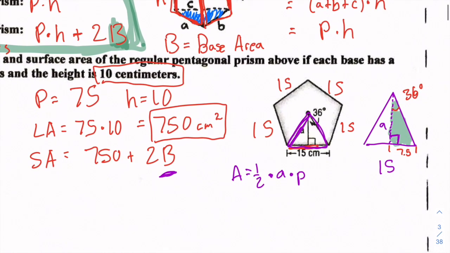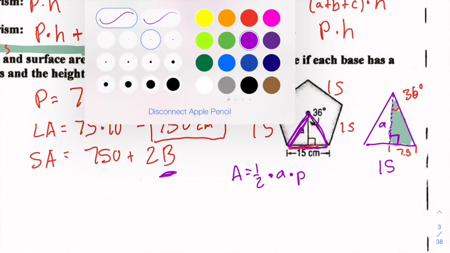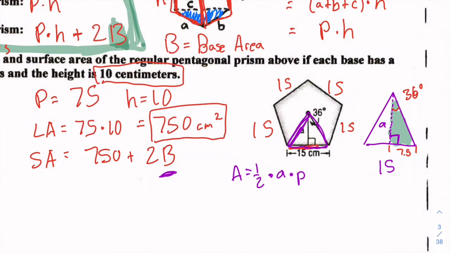So what can I do to solve for my apothem, or the height of this triangle? I'm going to do a throwback to chapter 8, which is trigonometry. We have opposite over adjacent. So it's tangent 36 equals opposite over adjacent.